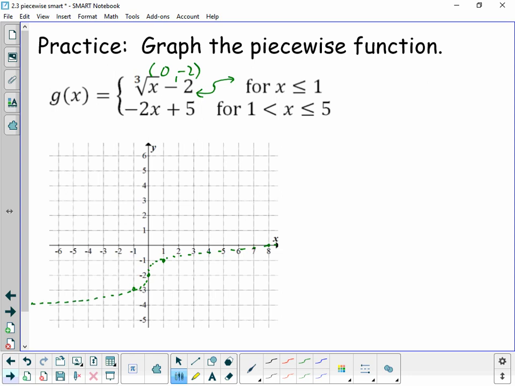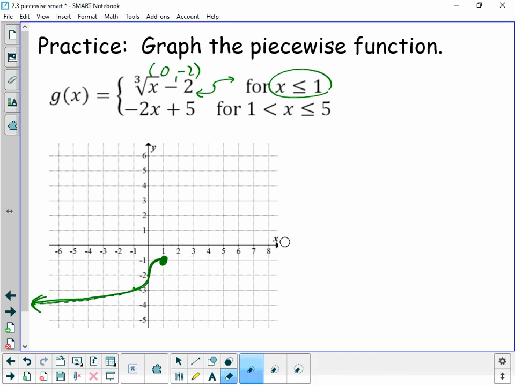So there's where the cube root is located. We want to keep the portion that is less than or equal to 1. That would be starting here. So solid circle here, and the part I'm keeping is this part over here. Everything else, x values greater than 1, I'm going to erase.